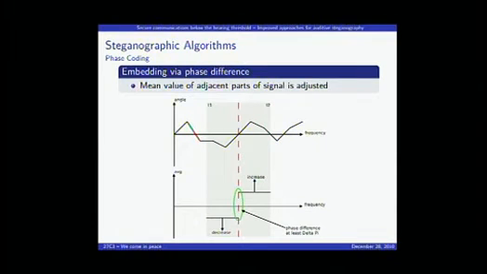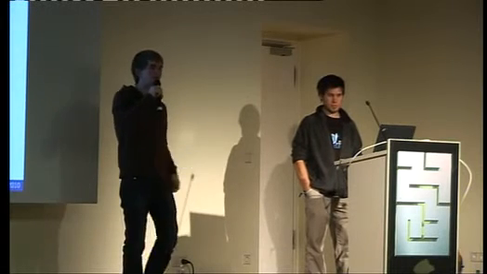What is done is we calculate the average value of the phase values from each part, and one bit is embedded by the phase difference of the parts, more or less by the sign of the phase difference.